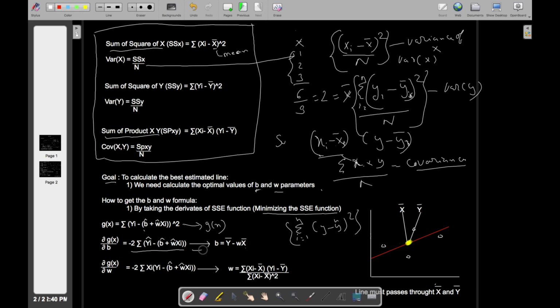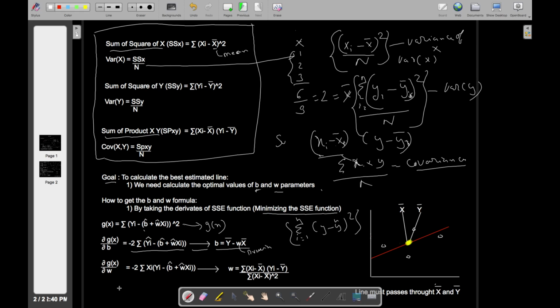By solving this further, we get the formula for b. I'm not going to explain here how I got this result. You will find a lot of other videos and blogs which tell you how to take the derivatives with respect to b, right? So this is the final result, and from that you get the new value of b by calculating the mean value of y minus w times the mean of x. w is the previous value here, or the new value you could say.